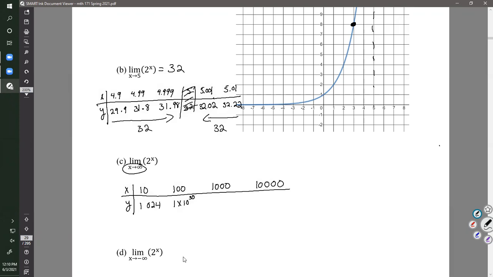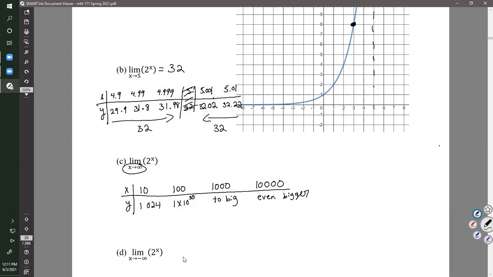That is huge. And then if you try to calculate this with 1,000 in your calculator, this is too big to calculate. And if you try to plug in 10,000 into your calculator, it is even bigger. So I'm just going to put even bigger.